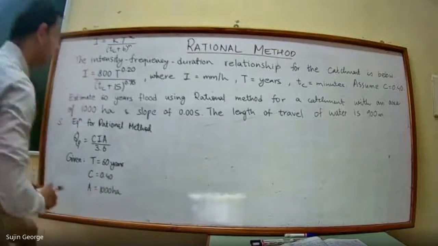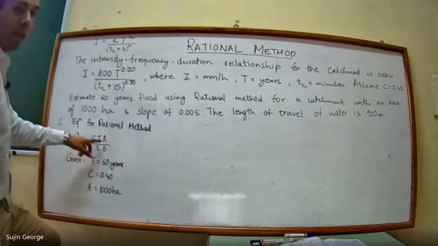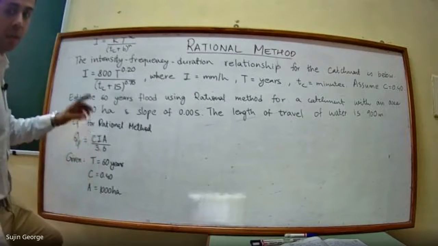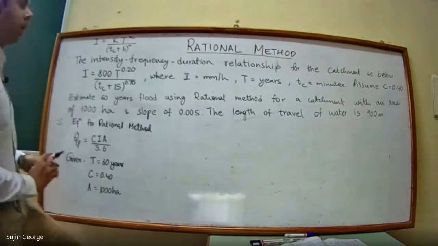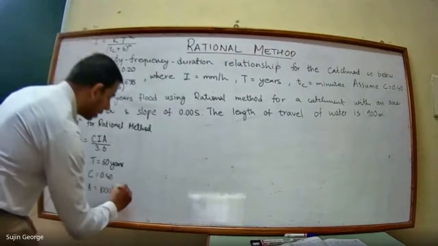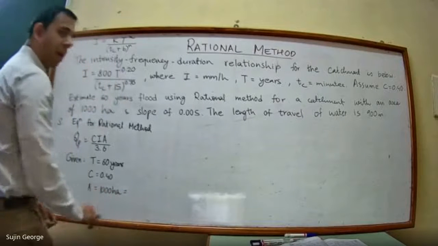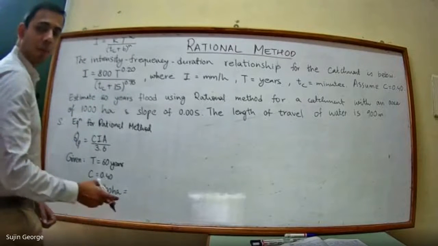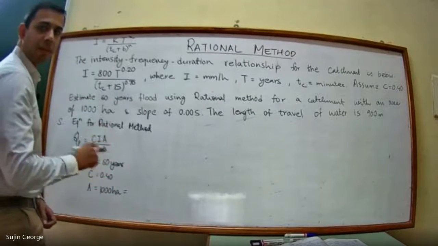But as I told you, value of A should be in kilometer square. So to convert hectare to kilometer square, what you will have to do? You will have to divide this by 100, or you have to multiply it by 10 to the power minus 2.